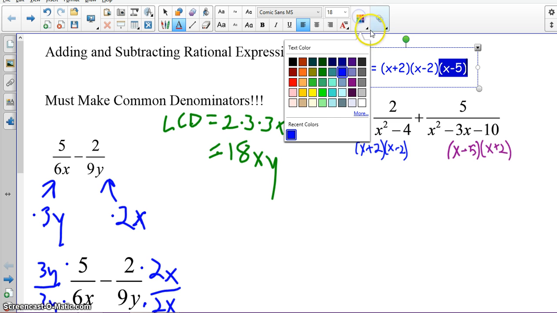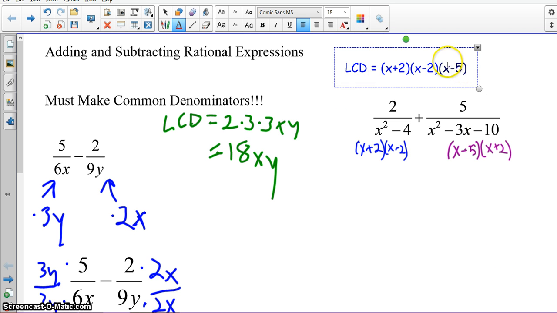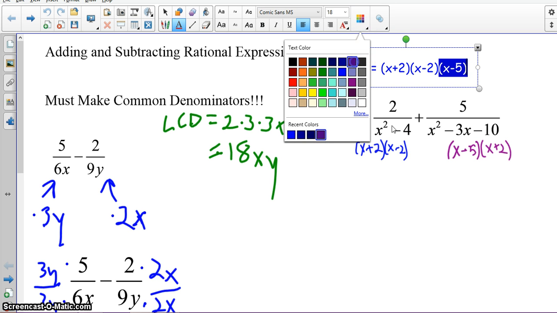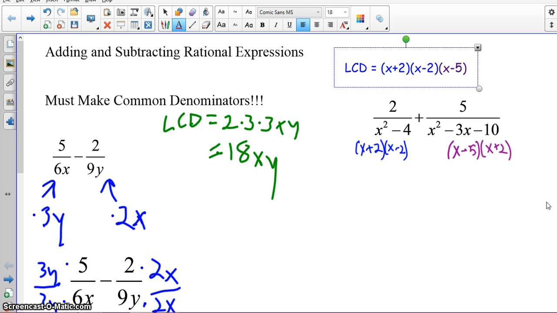And so this was coming from the purple one. I'll color coordinate it. Now what do we do with that? Well, that means that for this part, we better multiply the top and bottom.